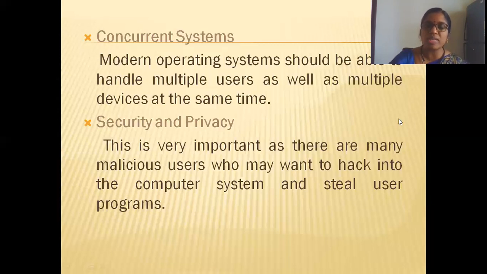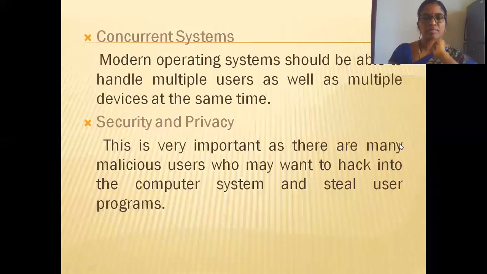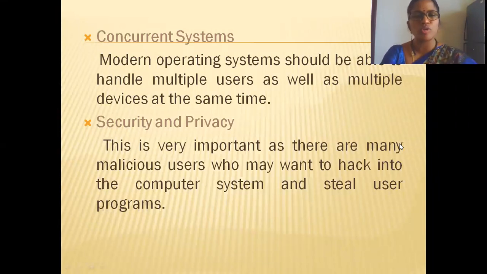Right? So security and privacy. So what is this? Another issue of operating system is security and privacy. This is very important as there are many malicious users who may want to hack into the computer system and steal user programs. So who may be the malicious users?